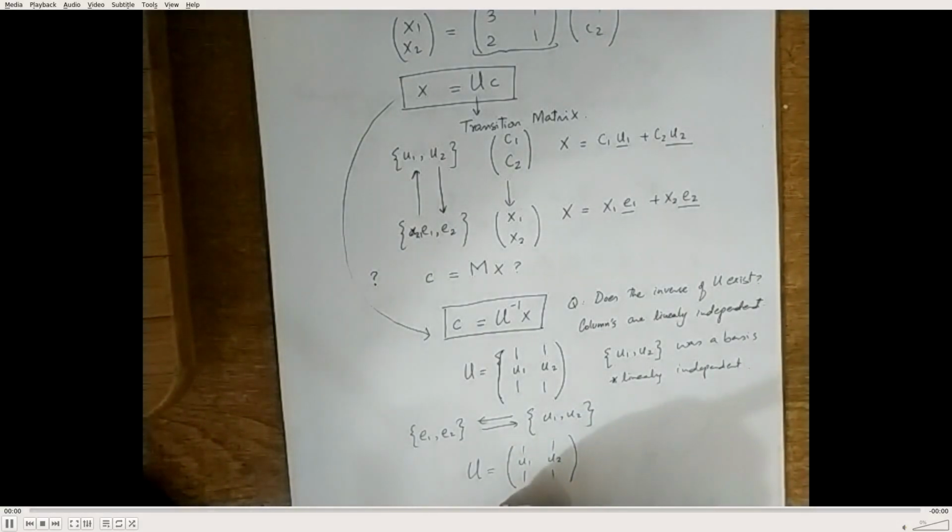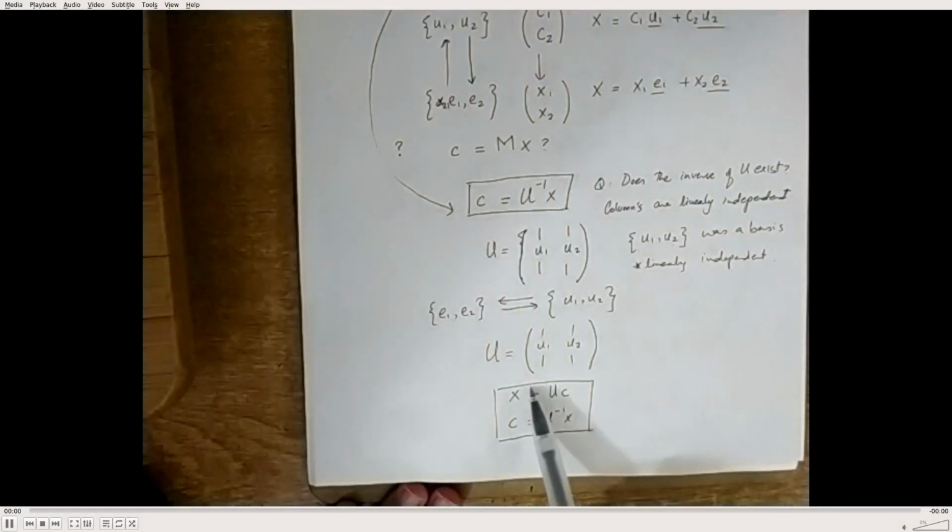And you immediately have x equals UC and C equals U inverse x. These are the equations which will translate C to x and x to C.